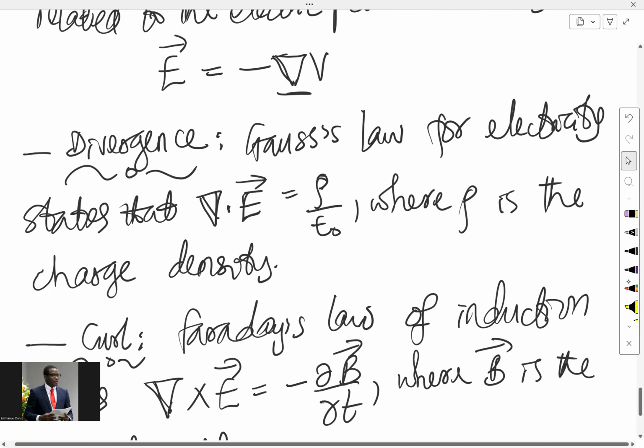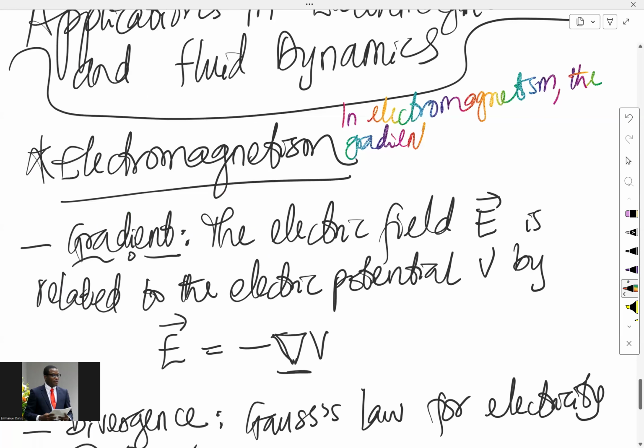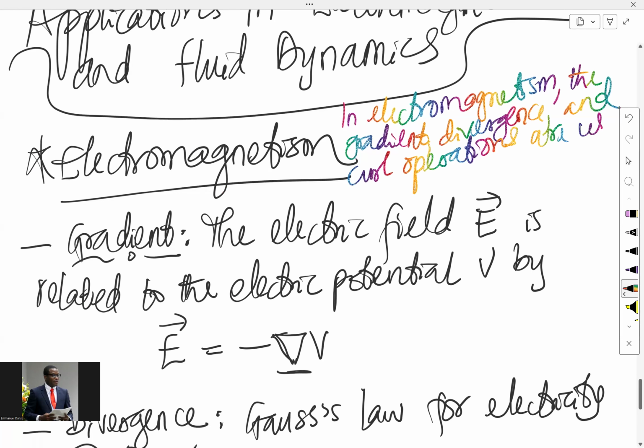One thing I forgot to talk about up here is that in electromagnetism, the gradient, divergence, and curl operations are used in Maxwell's equations.